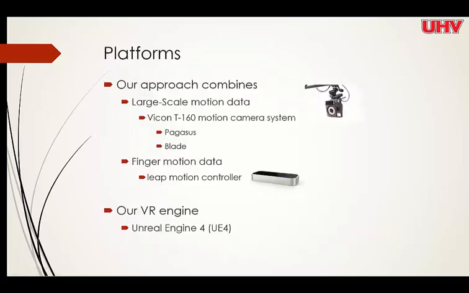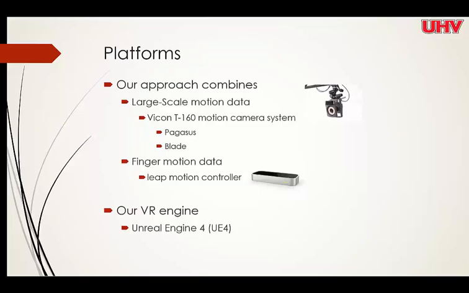Okay, before I go into the details of the implementation for this motion integration, let's talk about our platform. I'm going to discuss the software and hardware choices that we utilize here. As I mentioned earlier, for the large-scale motion data, for skeletal body part tracking, we are using a Vicon motion capture system that utilizes 24 T160 cameras.